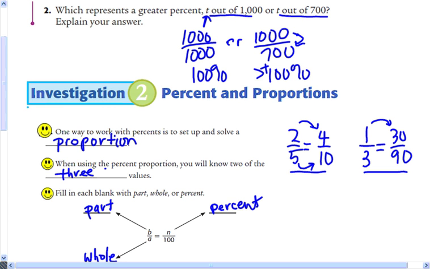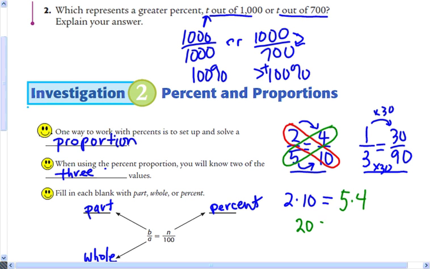I can take 1 times 30 to get 30, and 3 times 30 to get 90. That's one thing that's true about proportions. But another thing that's true that I like even better for solving proportions is that the cross products, meaning if I take the 2 and the 10 and multiply, and I take the other numbers that are across from each other, the 5 and 4, and multiply those, they will equal each other. And that's always true with proportions.